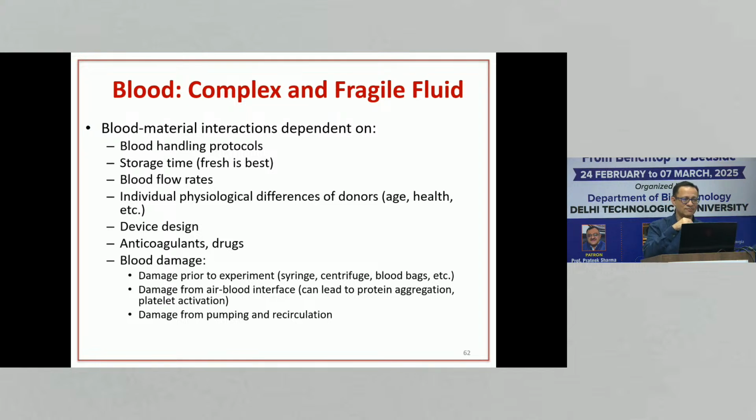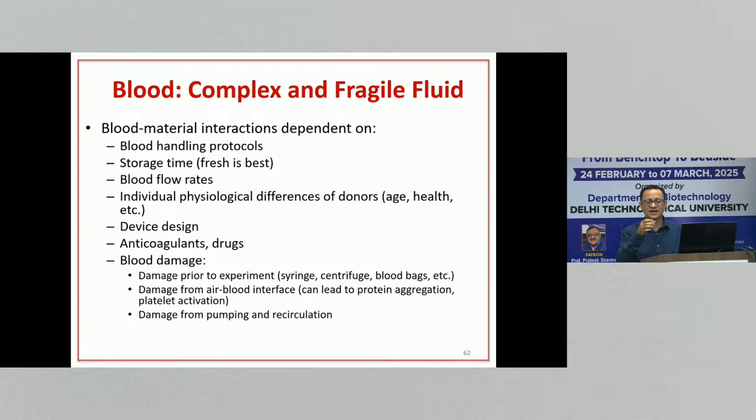On the day you draw blood, how much heparin or other anticoagulant is added in the tube, who will go draw blood, how we bring the blood. People working with blood are properly trained. How much time we can store it: only a few hours, 2 to 4 hours. What blood flow rate we will use, we will talk about tomorrow.